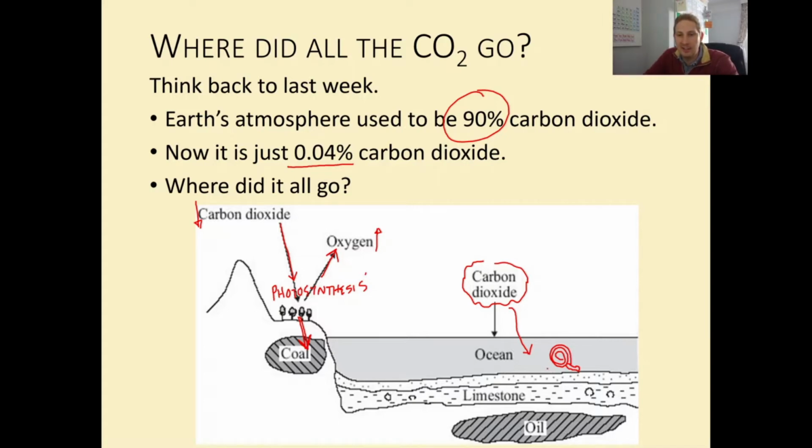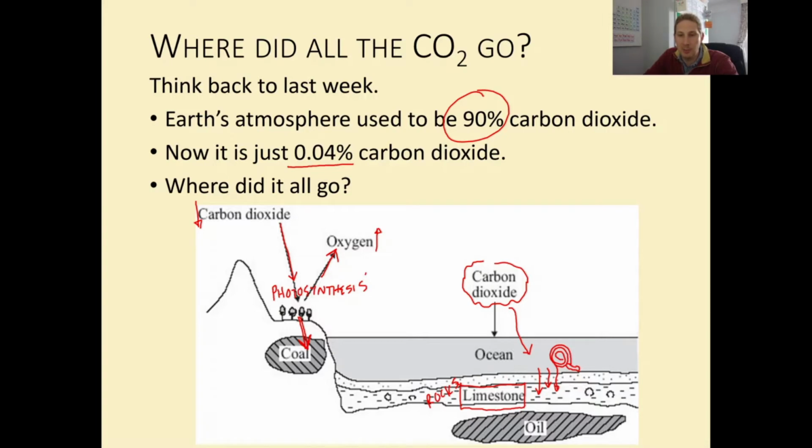When these died and fell to the bottom of the sea, they got compressed together and they formed a sedimentary rock called limestone. So a lot of the carbon from the carbon dioxide has got locked up as certain types of rocks. So rocks is another place that CO2 has gone.